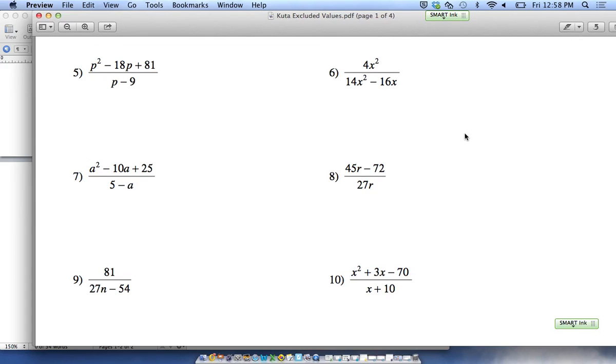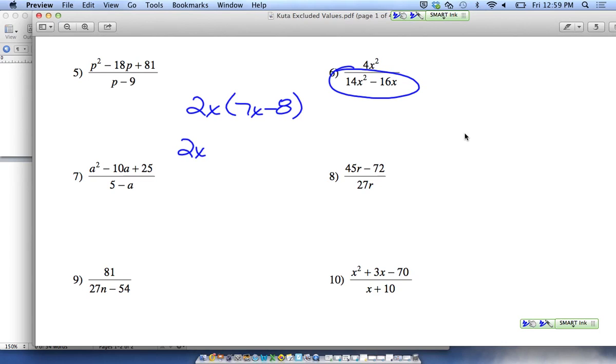Number 6, and I'm just focusing on the denominator only, if I remove 2x, that leaves me with 7x minus 8. And all I'm looking for are the x values that would make the denominator 0. I have 2 factors here. So if 2x equals 0, that means x itself is 0.